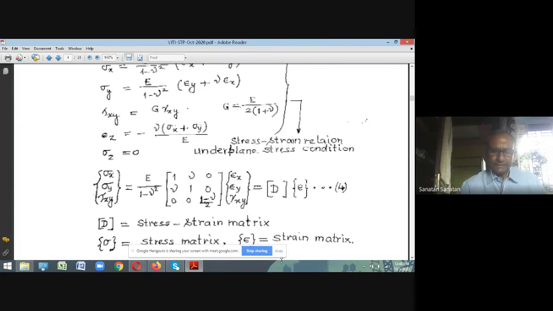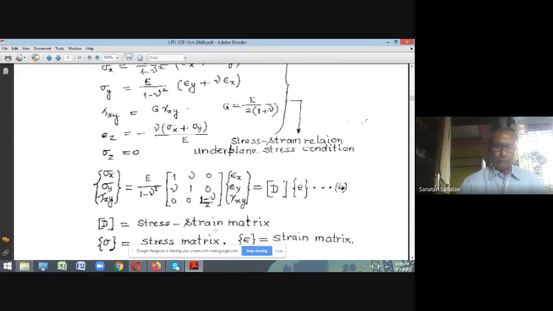So finally, these 3 relations I can write: sigma x stress, sigma y stress, tau xy stress is going to be given by E by 1 minus nu square into that matrix whose terms are 1 nu 0, nu 1 0, 0 0 1 minus nu by 2, multiplied by the 3 strains.